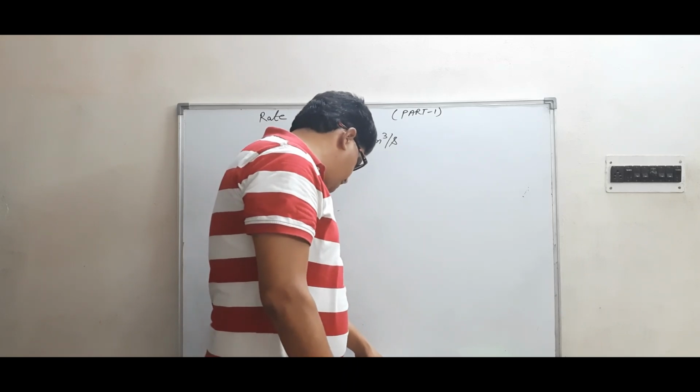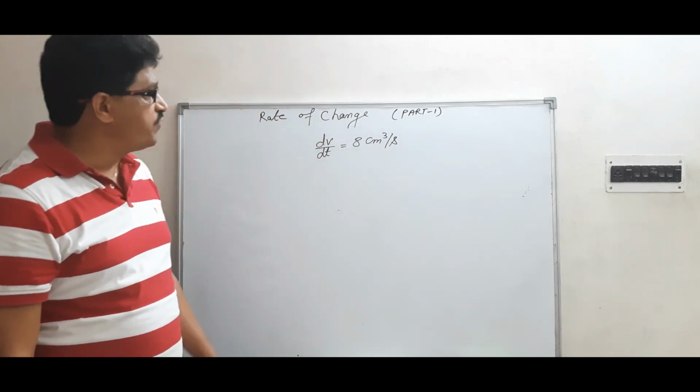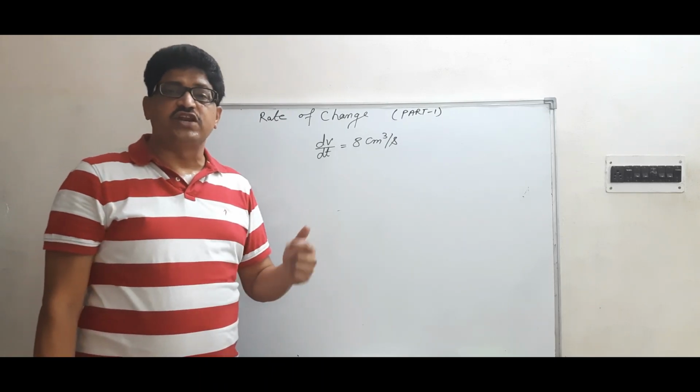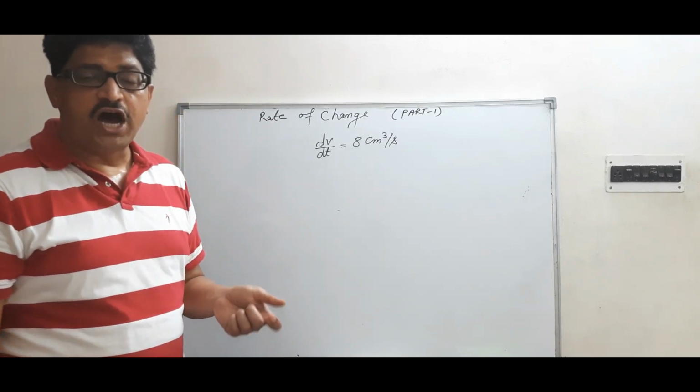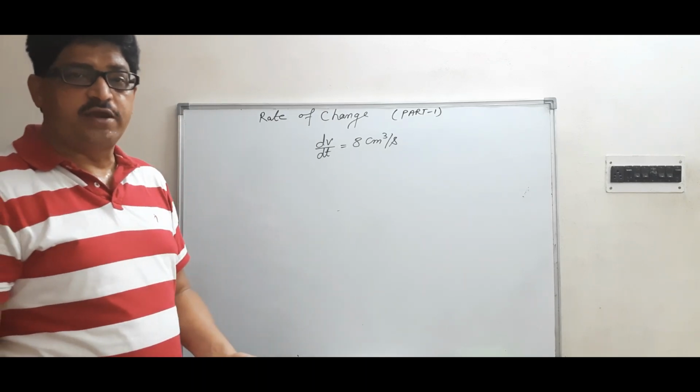How fast is the surface area increasing when the length of edge is 12? We have to find out change in surface area. How fast means we have to find the change in surface area with respect to time.